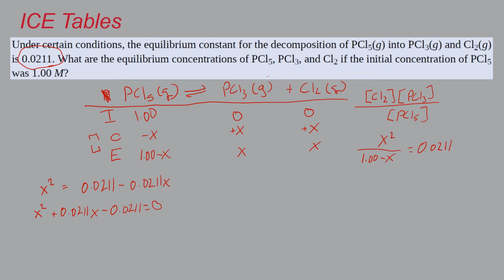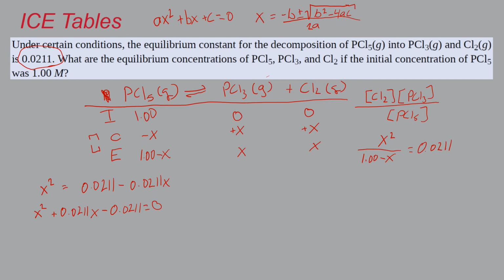The quadratic equation: for an equation ax squared plus bx plus c equals 0, the values, or the roots, for x are equal to the quantity negative b plus or minus the square root of b squared minus 4ac, all over the quantity 2a.